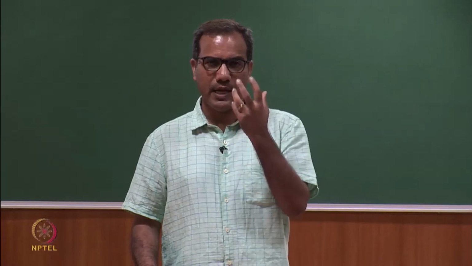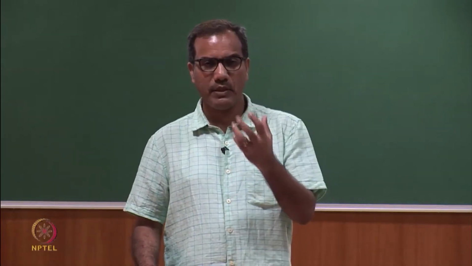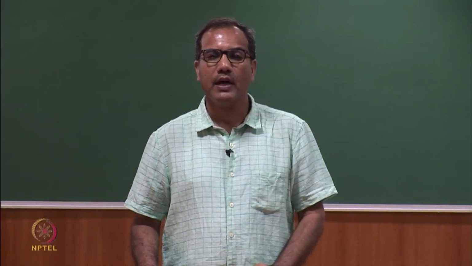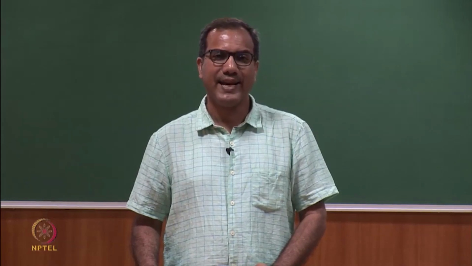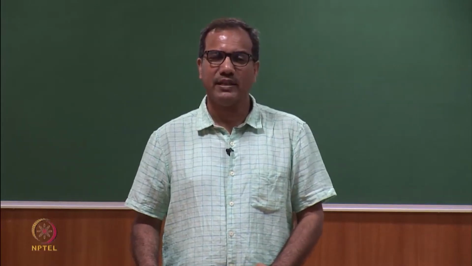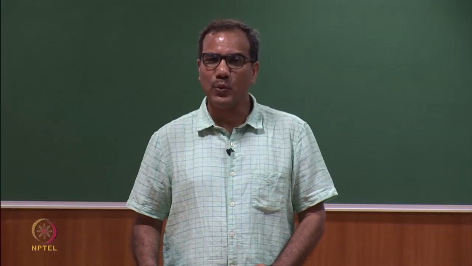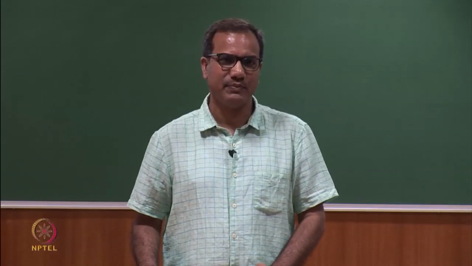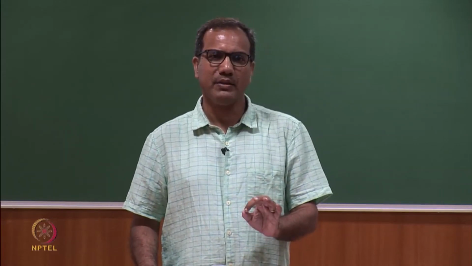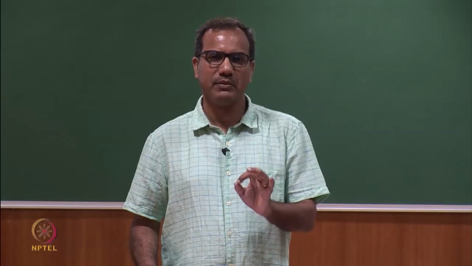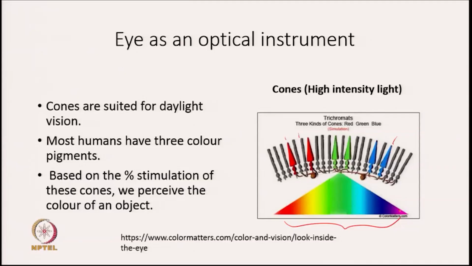So, when light of a particular wavelength falls on our eye, it can stimulate these three cones to different extents, and depending on the percentage stimulation of these cones, we can perceive the color of an object. This can be from this region to this region.